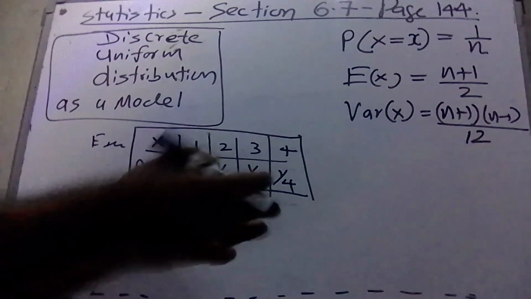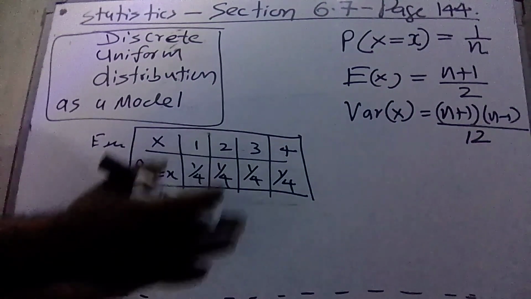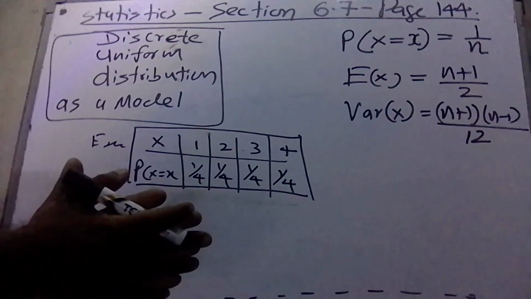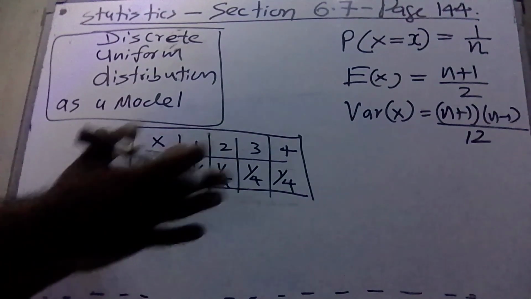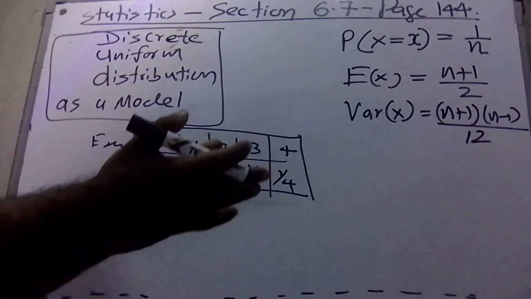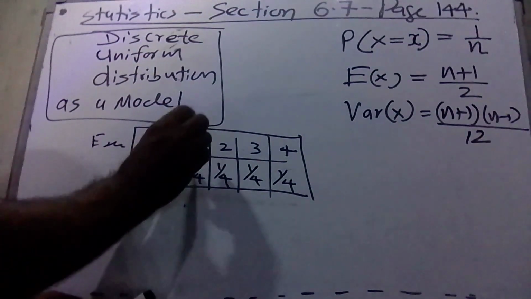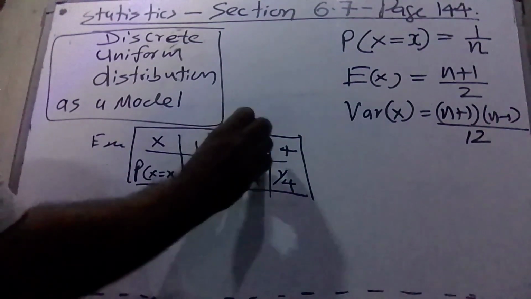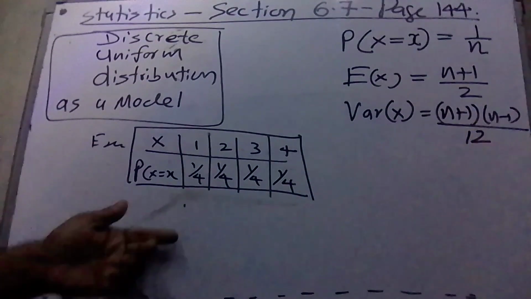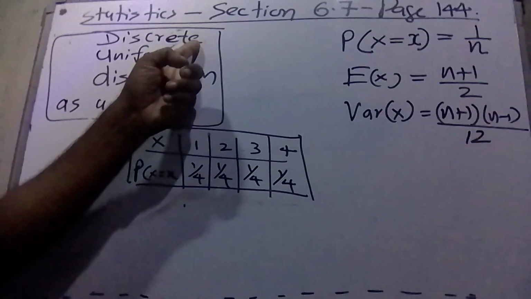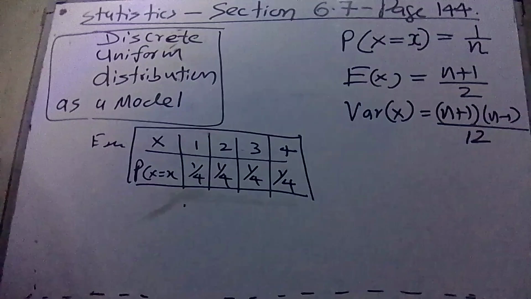Now the experiment is just a random experiment, some activity. That activity gives out only discrete values, like 1 2 3 4, maybe up to n, but this is an example. So discrete means only specific outputs.